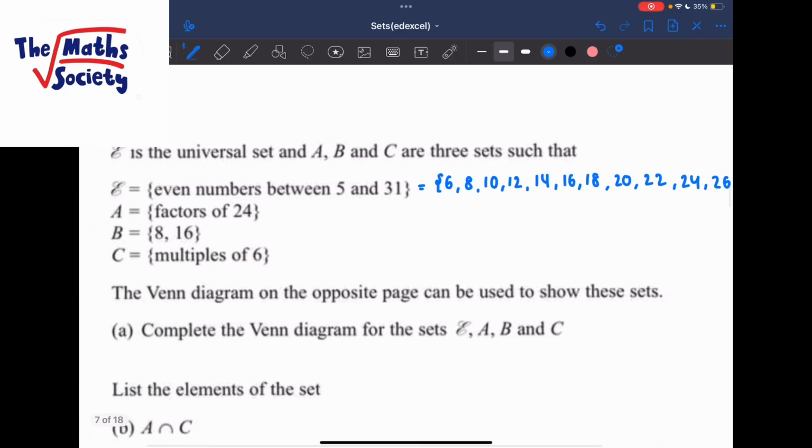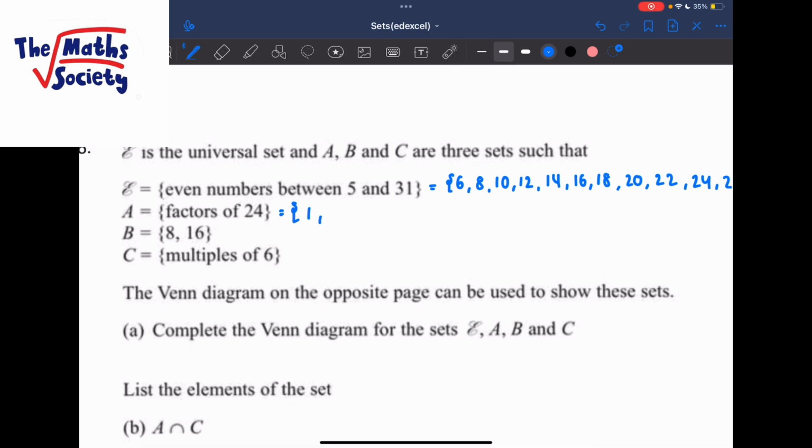Factors of 24, I think it was the same. 1, 2, 3. Oh wait, sorry, not 3. Oh, we do start after 5 because the universal set is after 5. It's going to be 6, 12, 24. Sorry, 6, 8, 12, 24. And then you have 8, 16, multiples of 6, which is 6.